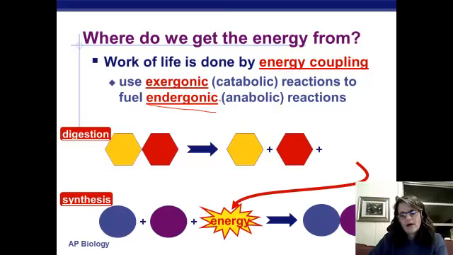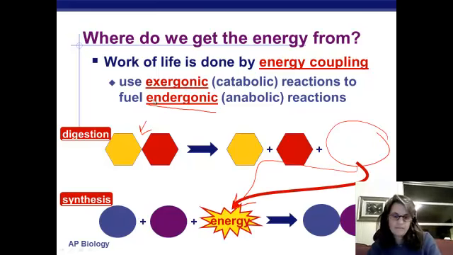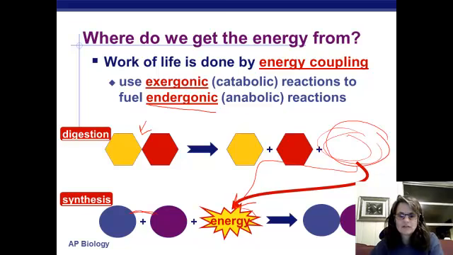Now, this little set of diagrams here, if I go back, shows how digestion, for example, we break apart these two molecules and as a result we release energy. Then we use that energy down here to do something, maybe causing two molecules to come together to build a muscle cell or something like that. Okay? Now, the in-between step that is missing is that when we release this energy here and then it's used here, we have to take the energy that is released and put it into a molecular form that can be used down here.